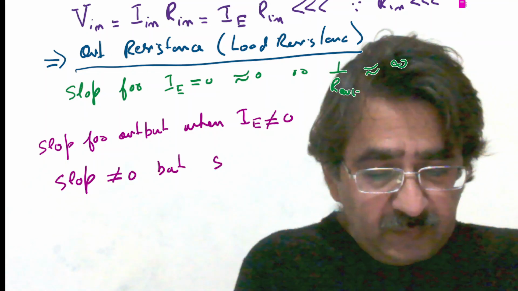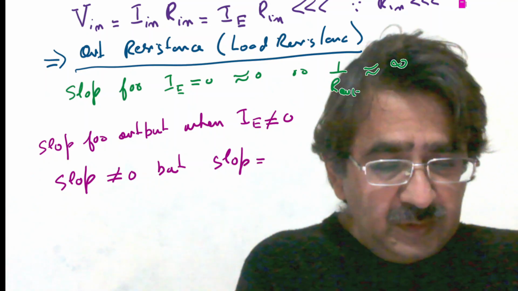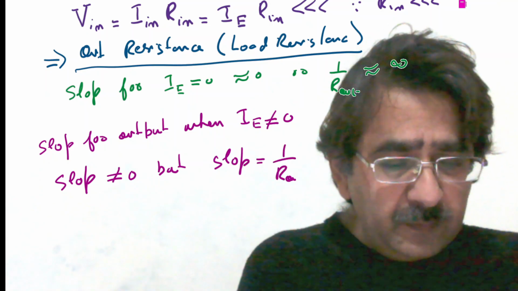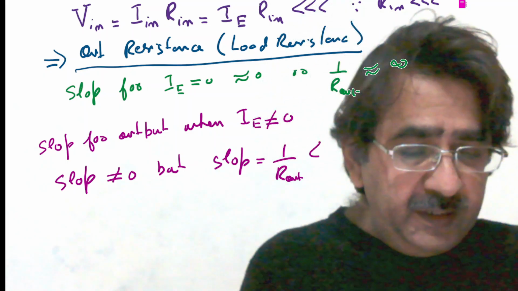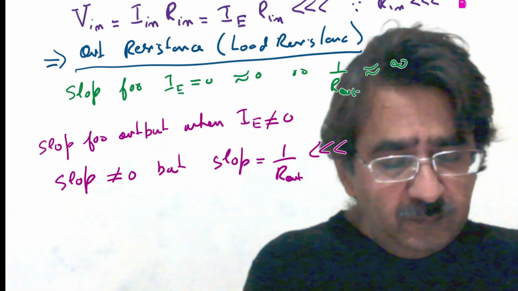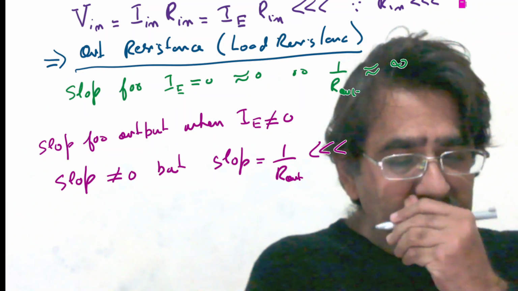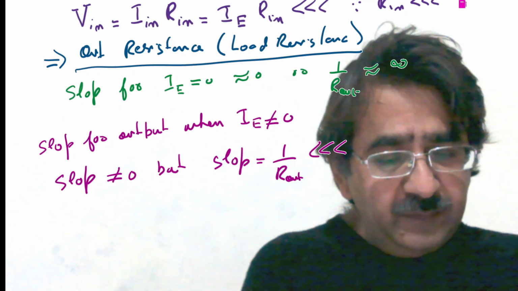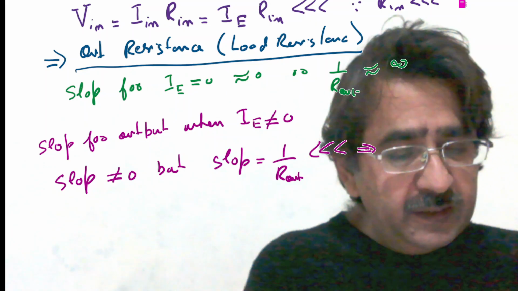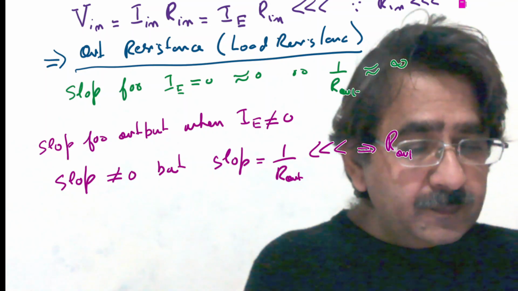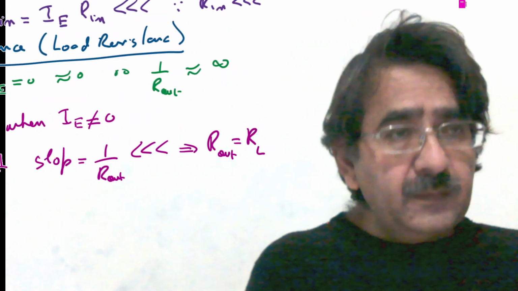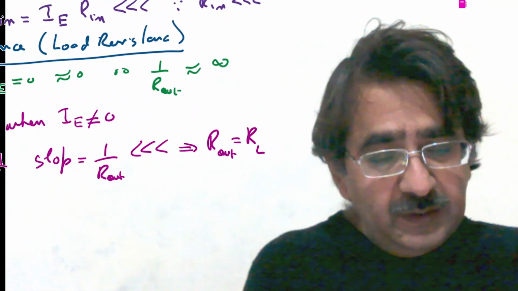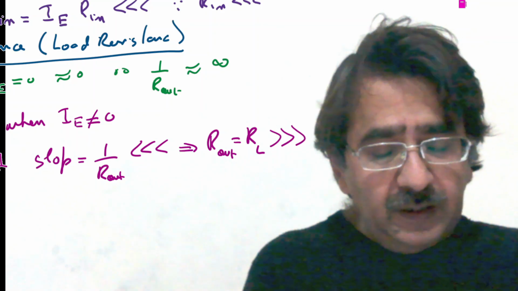But the slope, which is 1 over R out, is very, very small. You may say that it is not 0, but very, very small. This implies that R out, which is RL, will be very, very large.